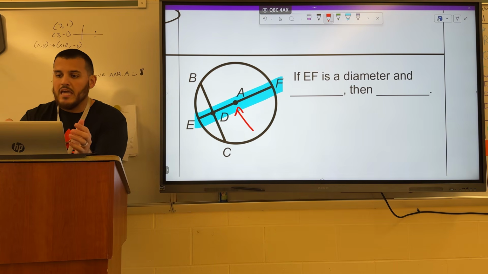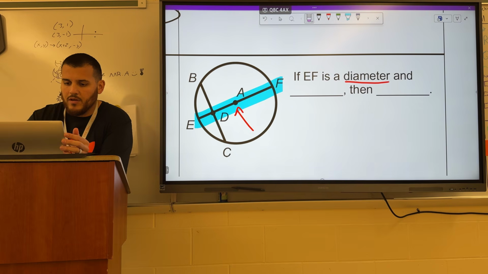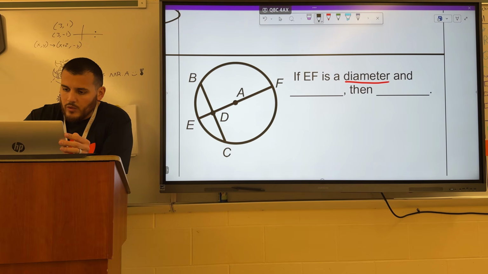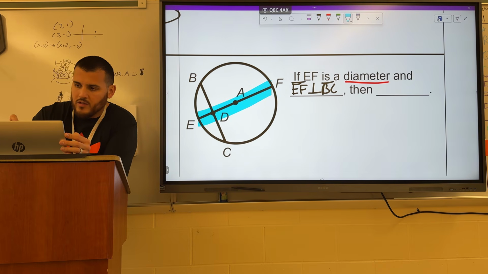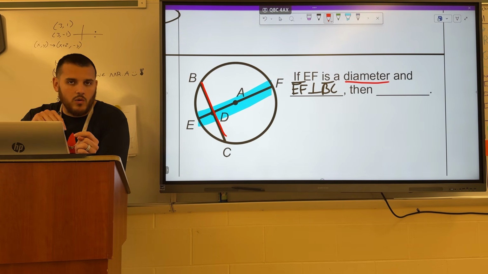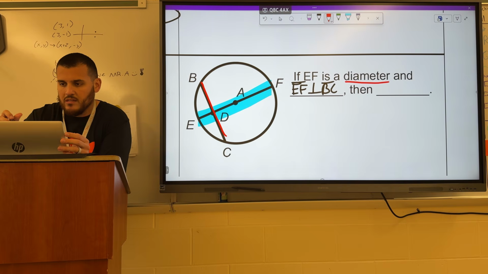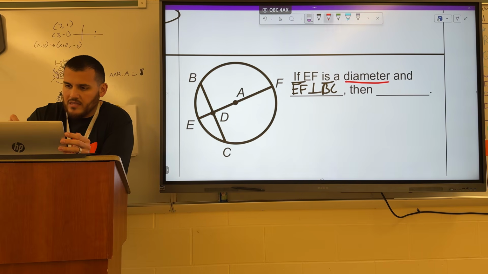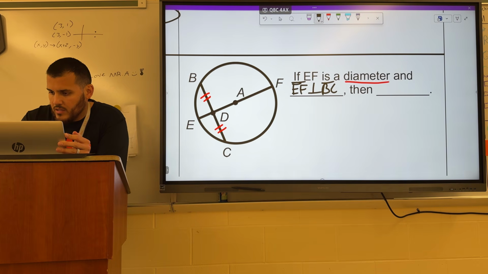So if EF is a diameter, and we know that EF is perpendicular to BC, so that diameter is perpendicular to this chord, then that chord is bisected. It gets cut in half. So that means that this portion BD would be congruent to this portion DC.